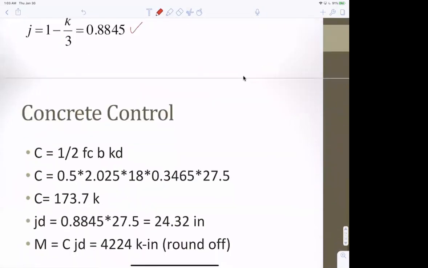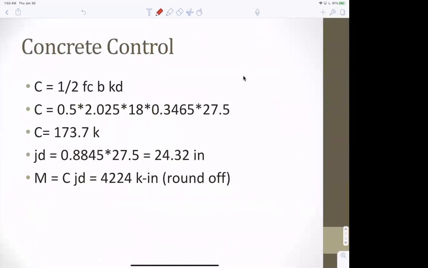Okay, so if the concrete controls, here's C, the area of this triangle times the width: 1/2 FC, KD, B. And you get that much is the concrete force if the concrete controls.